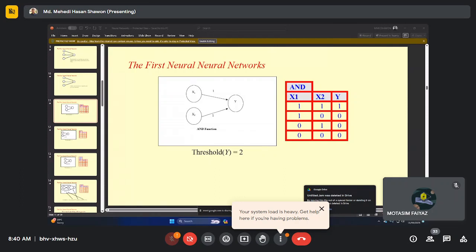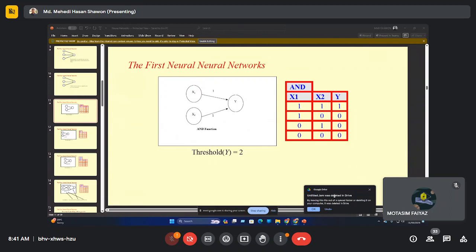We are seeing one neural network on the screen. Can you see the screen? Yes, sir. Okay. So on the screen, we are seeing a neural network. Basically, this neural network represents the AND function. All right.